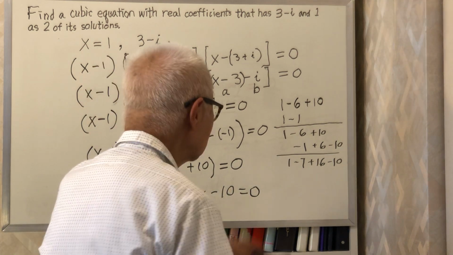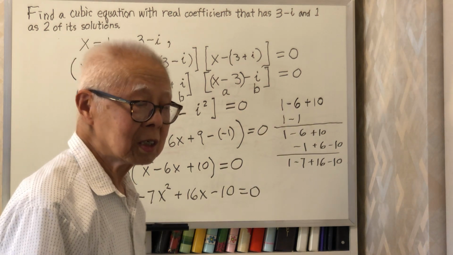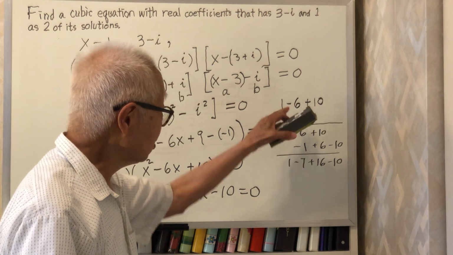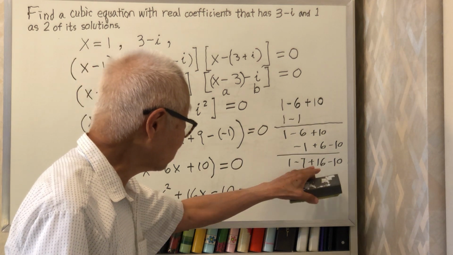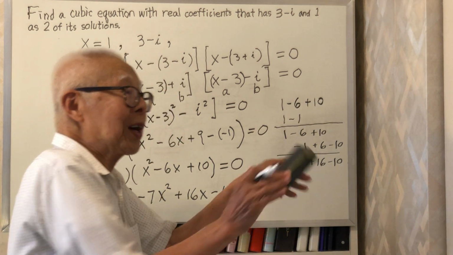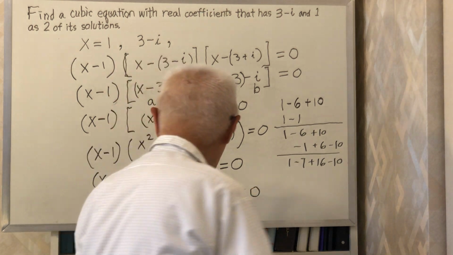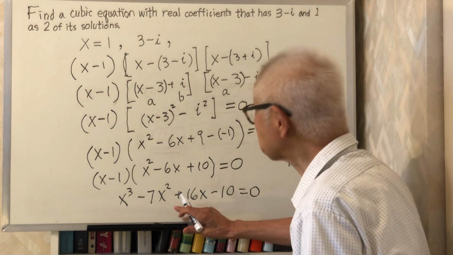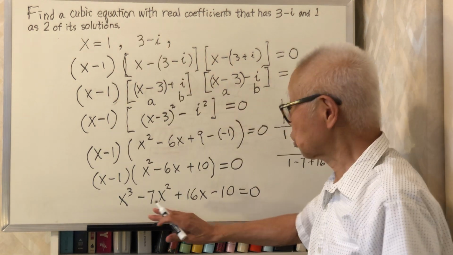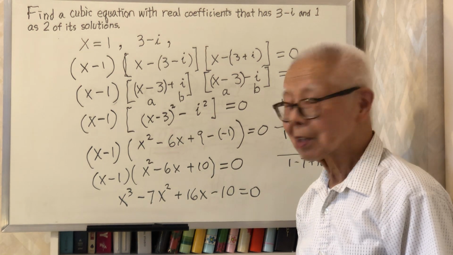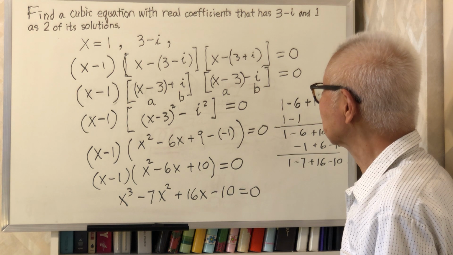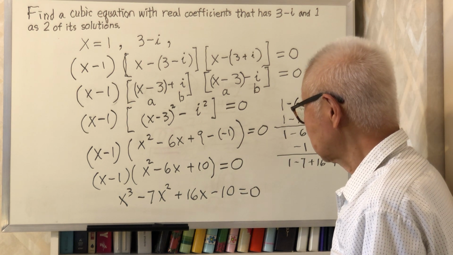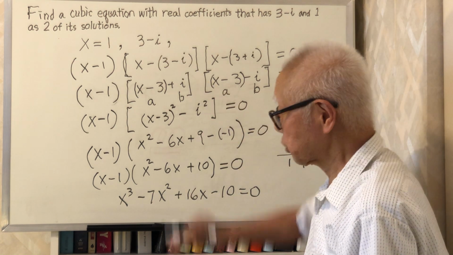So, use this way, the separating the coefficients method, to multiply two polynomials. I get this result, and I then put x back. So this is my answer, the cubic equation. Okay. This is the end of the question.